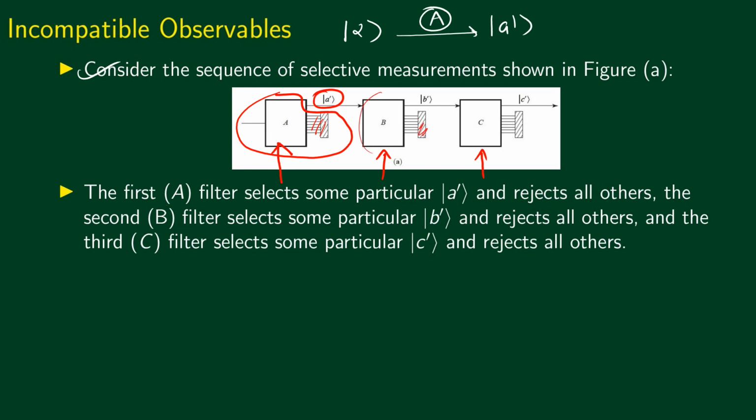So this is a B filter. In the third one, again we'll block everything else and choose one particular eigenket of observable C. So the first A filter selects some particular ket A prime and rejects all others.